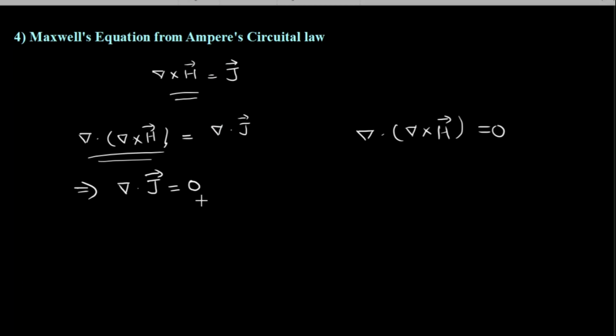How did I get this? I got it directly from the Ampere circuital law. I did not do any magic here. Please understand, you may feel that I have done some adjustment to get this. No, I have just found divergence on both sides. For an existing equation, it has to be some value. That's what I'm trying to say.